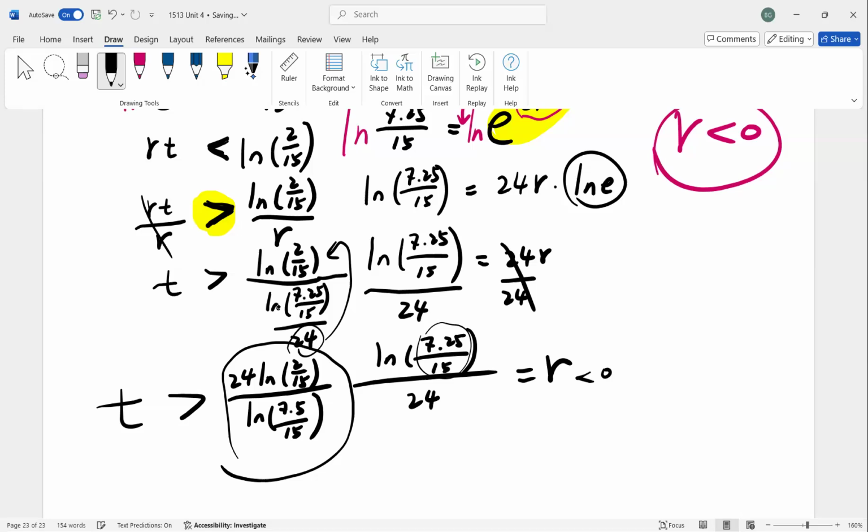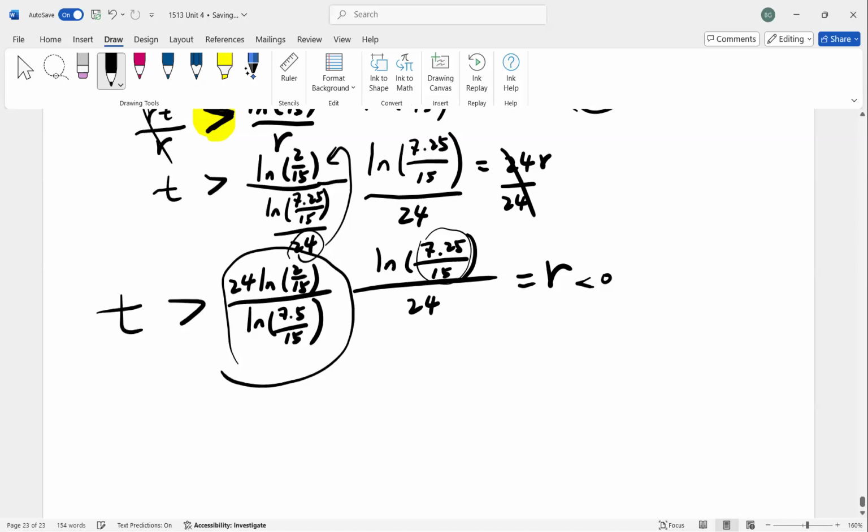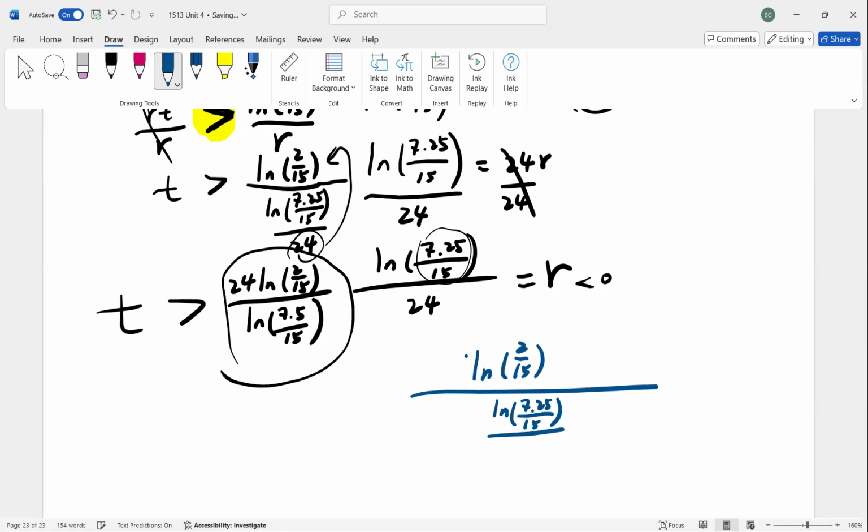Do you need me to explain the quotient here? Just very quickly. You have ln 2/15 divided by a fraction. The fraction has numerator ln 7.25 over 15 and denominator 24. So we use keep, change, flip.